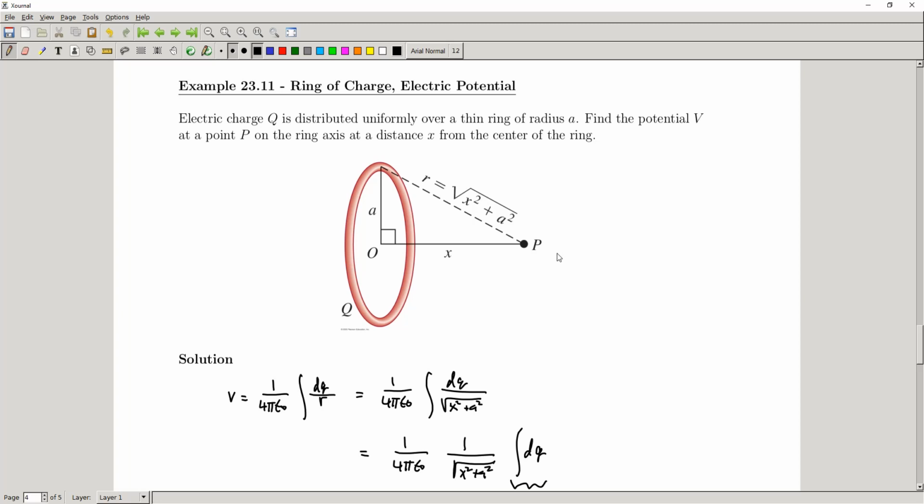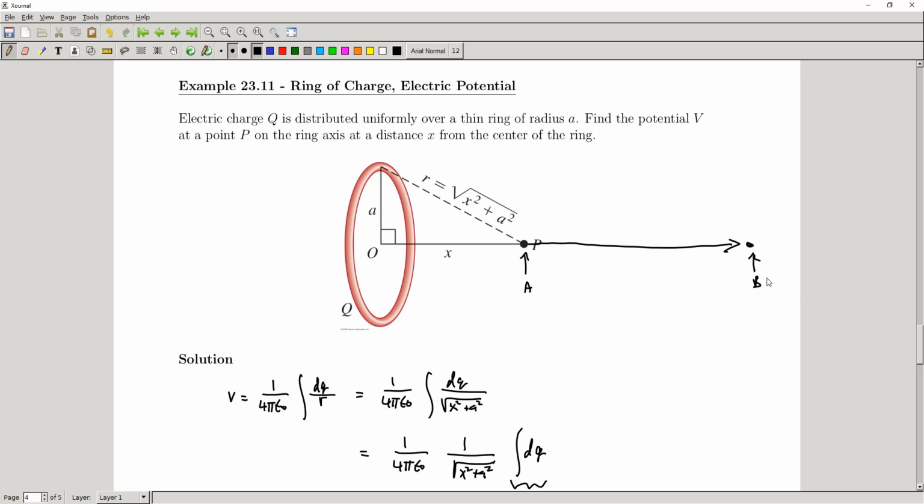Also, we're integrating, and now we have to be careful. This dl, we're integrating from whatever point we choose. So let's say we chose a point P here, like this one, but now this point P will become named A, right? Because we're integrating from A out to some point B, which would be out here, which we're going to choose as our zero potential.